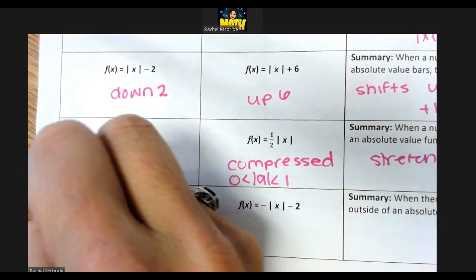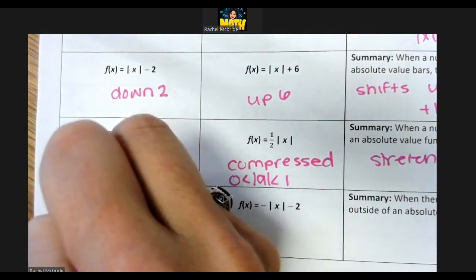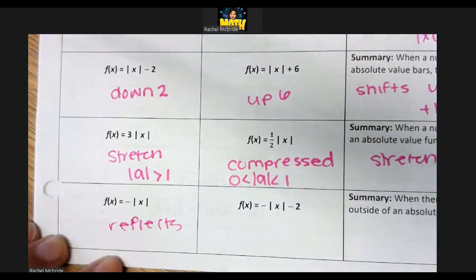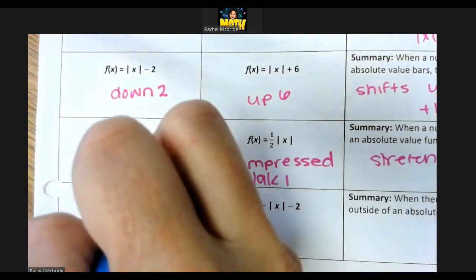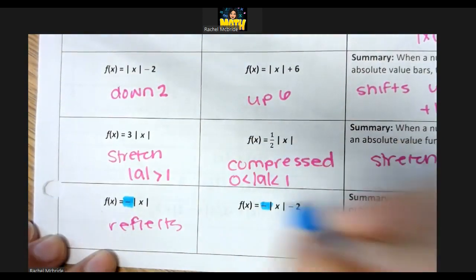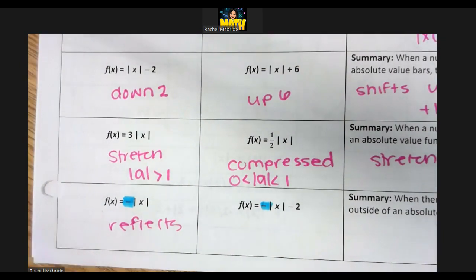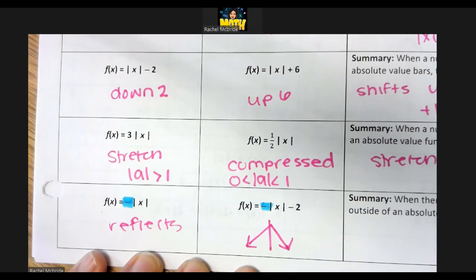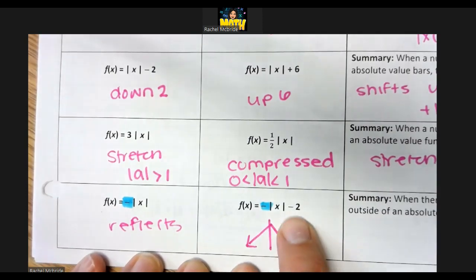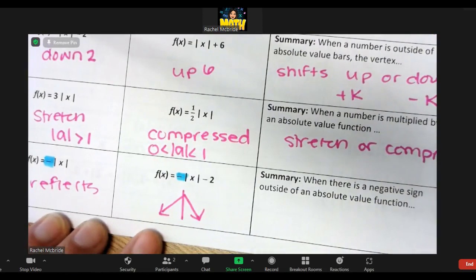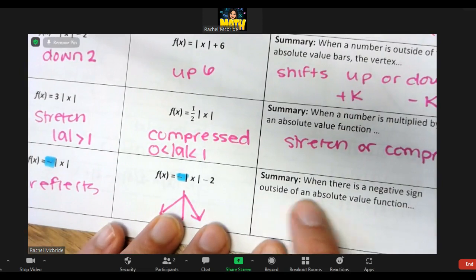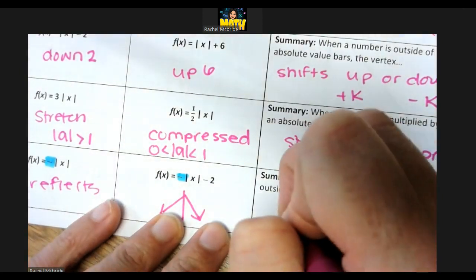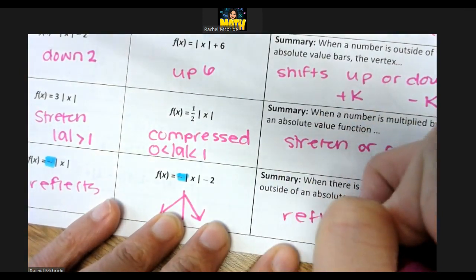Yes, it does. That's what I thought. So a negative in front of the graph reflects it. So that means it opens down. The negative 2 here reflects it, so it opens down and moves it down too. So when there is a negative sign outside of the absolute value function, it reflects across x.